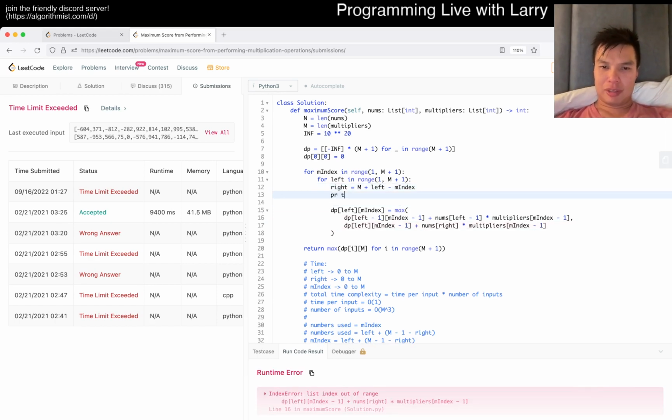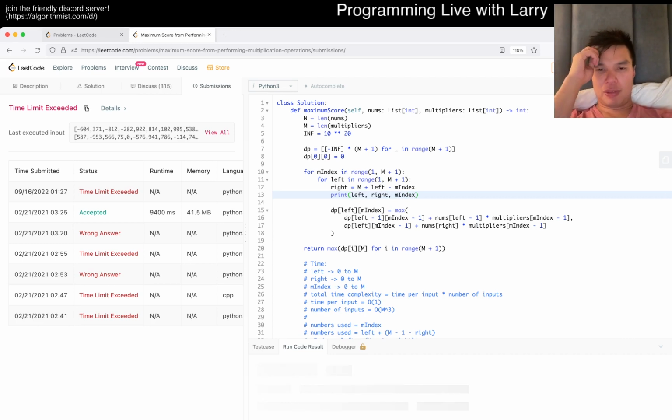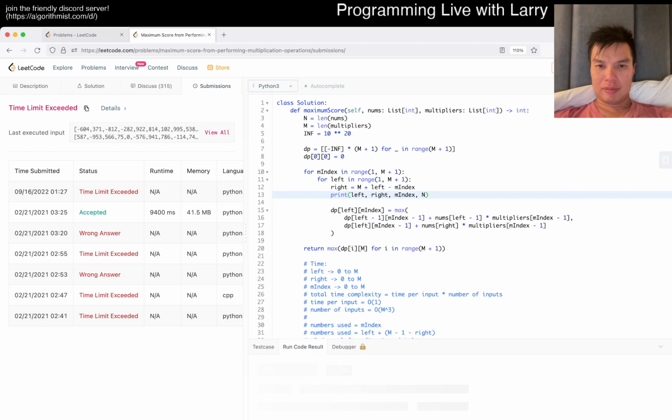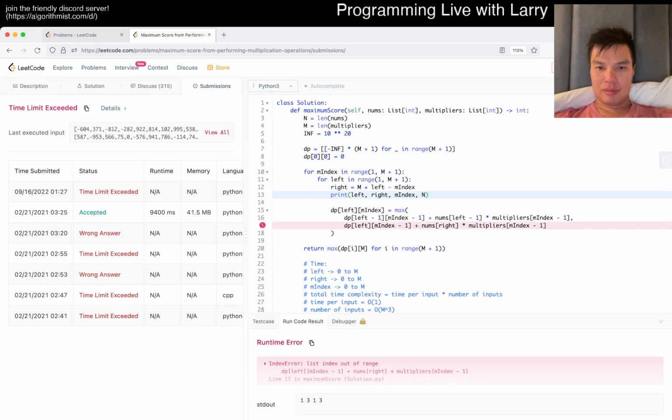What is going on here? Let's see. Maybe my formula for the right is a little off by 1. Okay, so left, right, m index. I guess I should put n as well. Also, oh yeah, this has to be from 0.